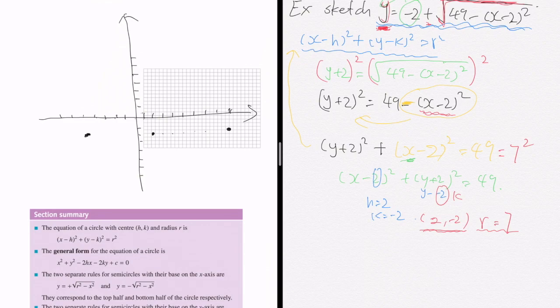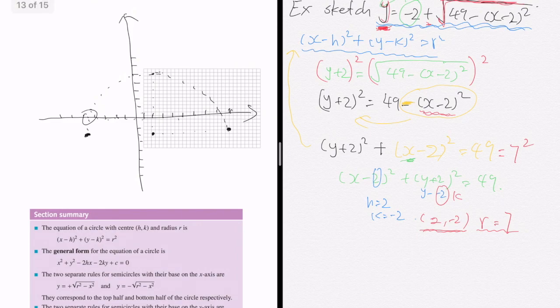And then up, 1 2 3 4 5 6 7. Okay, so now we know it is the top half, so now I can roughly draw a graph. So that's my semicircle.